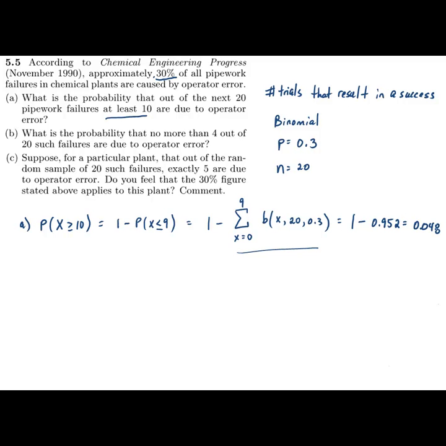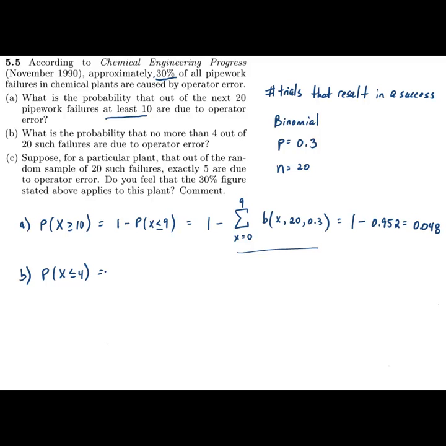Okay, so part B. What is the probability that no more than 4 out of 20 such failures are due to operator error? So what would be the probability in this case? Correct. So it's less than or equal to 4.